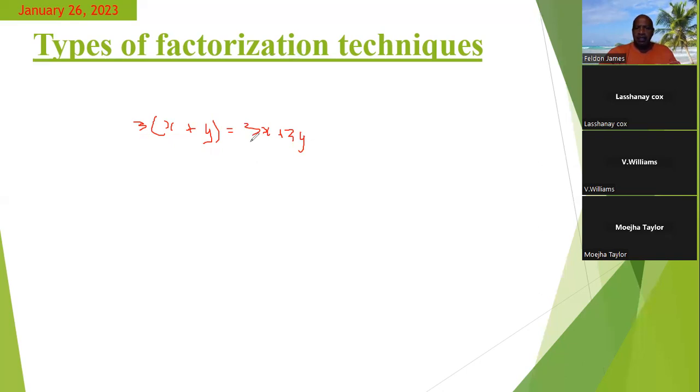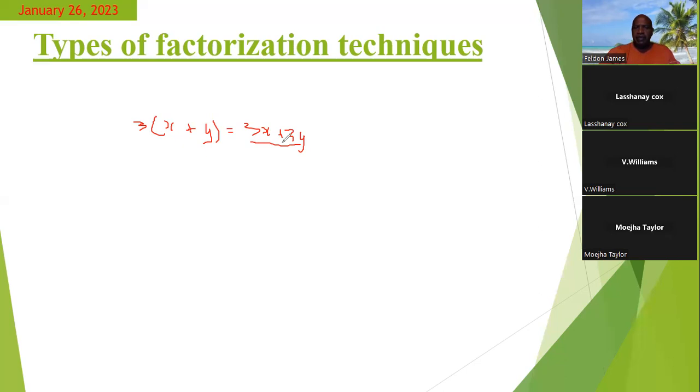if this is our product, when we expand or remove the brackets, factorization then is working in the reverse order, right? So when we remove the bracket, we get the product.